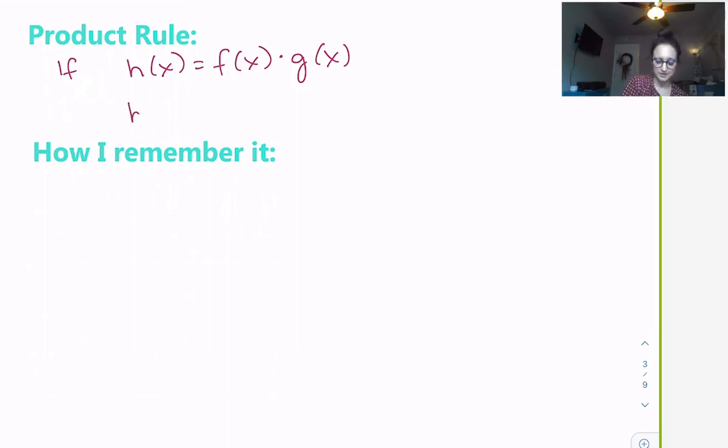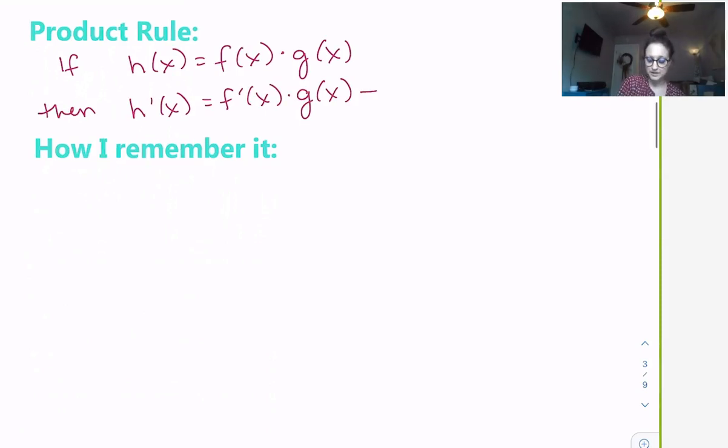Here is how I find h prime. I take the derivative of the first function, then times, and I hold the second function, okay? Then I plus. Now I do the opposite. I hold f of x and multiply it times what do you think? The derivative of g, okay?